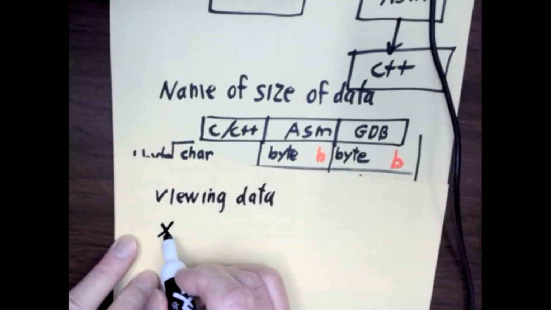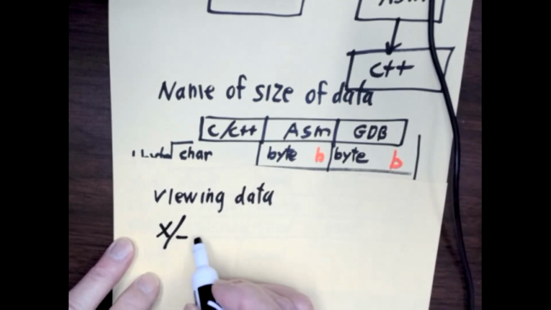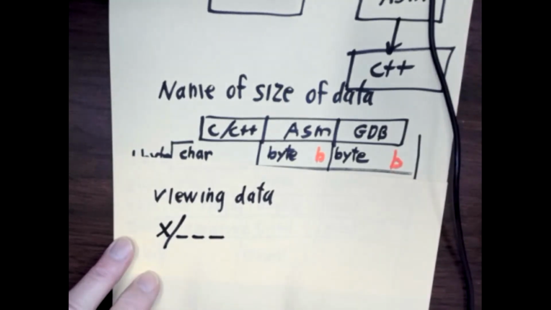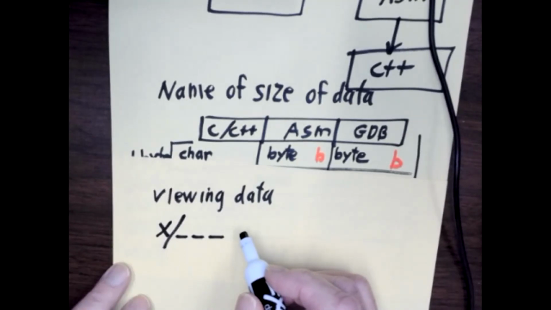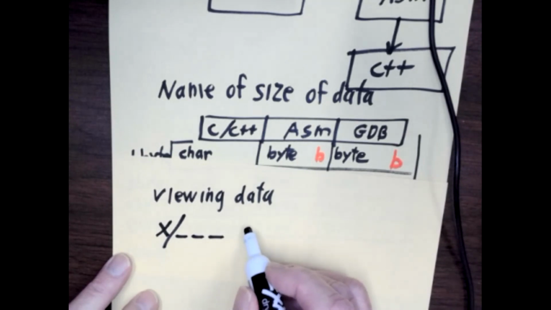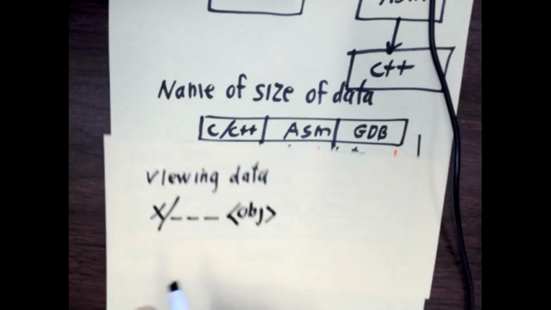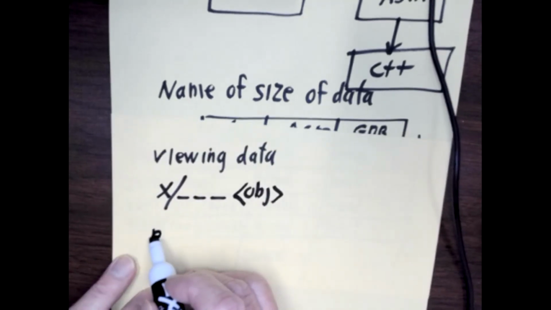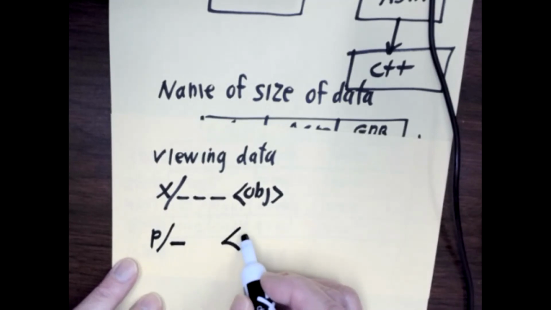One begins with the letter X and a slash, and it needs 3 parameters here. And then you need a data object. Plus, I'll just write the word object. Okay. And the other one, of course, is P with a slash, and you need 1 parameter and an object.